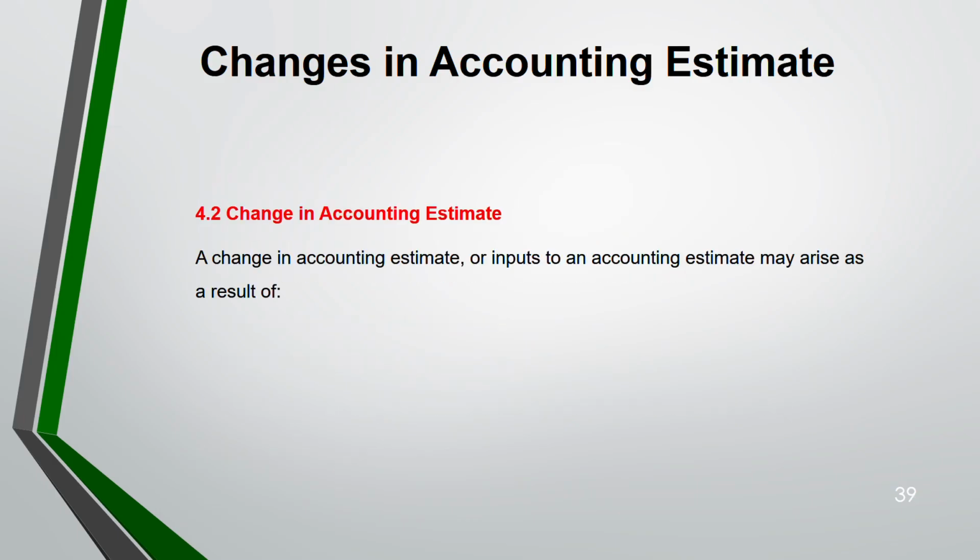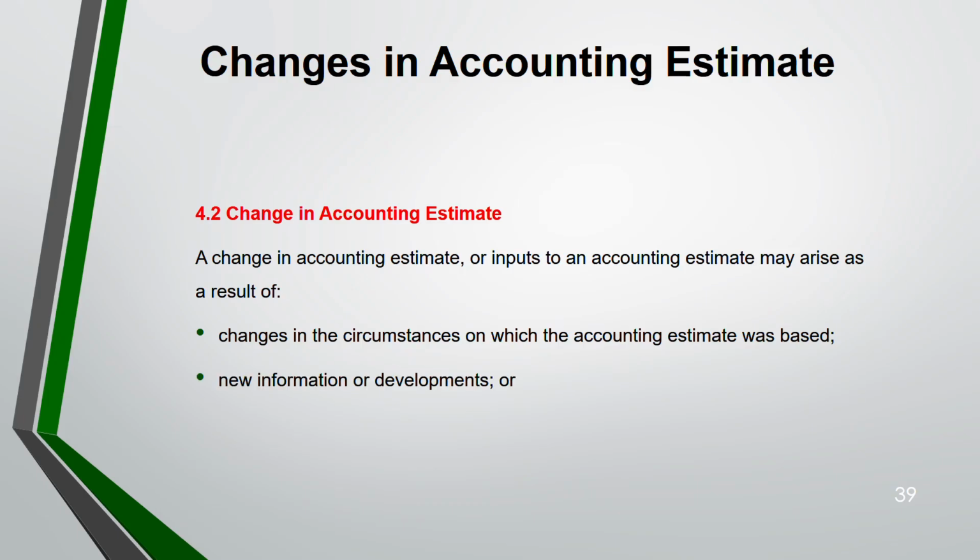Now, when you change the accounting estimate, okay, then this happens. Changes in the circumstances on which accounting estimate was based. Maybe, see, why does that accounting estimate change? Maybe the circumstances have changed on which you have based your accounting estimate.